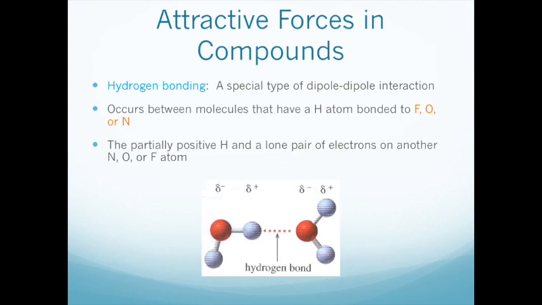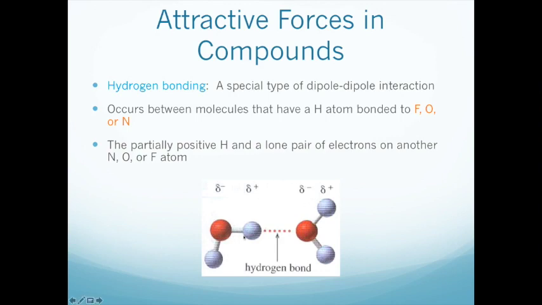Another attractive force is called hydrogen bonding, and this is sort of a special case of dipole-dipole interactions. This occurs between molecules that have a hydrogen atom bonded to fluorine, oxygen, or nitrogen. These all have lots of lone pairs on them and are especially capable of attracting hydrogen, which forms a stronger electrostatic bond, which verges on a chemical bond, which is why it's called a hydrogen bond.